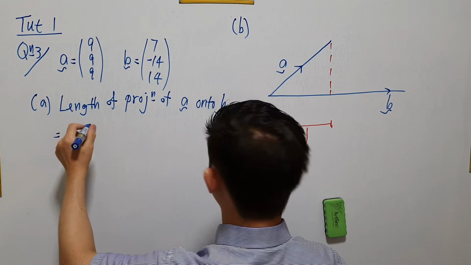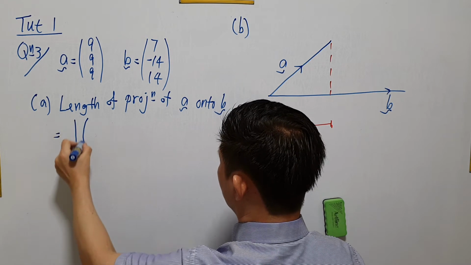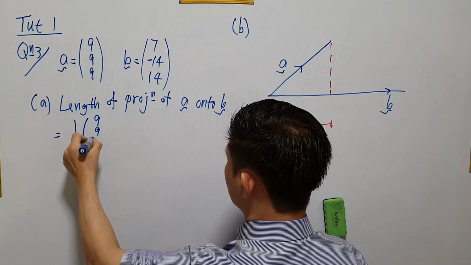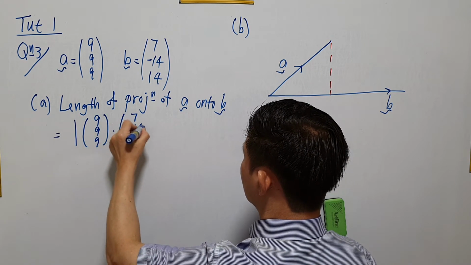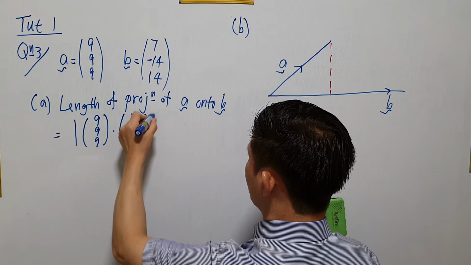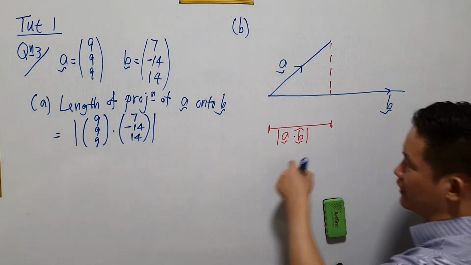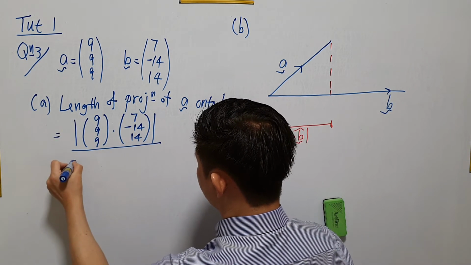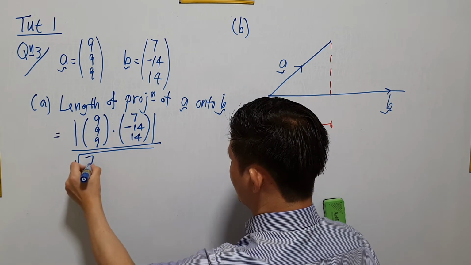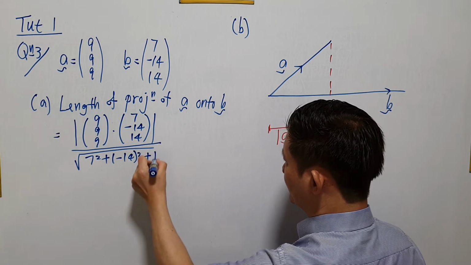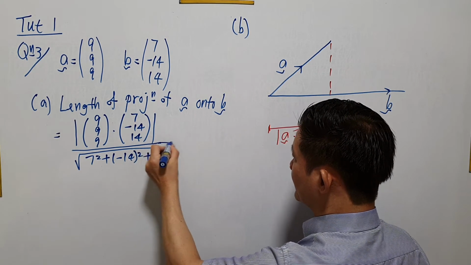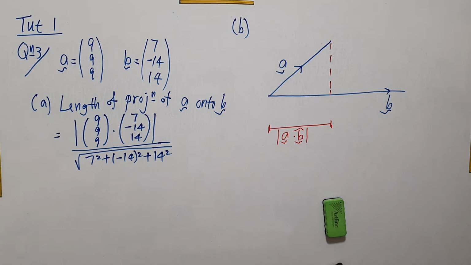It equals the modulus of A dot B. To get B hat, I divide by the modulus of B, which is square root of 7 square plus minus 14 square plus 14 square. This is how you can find the length of projection of A onto B.